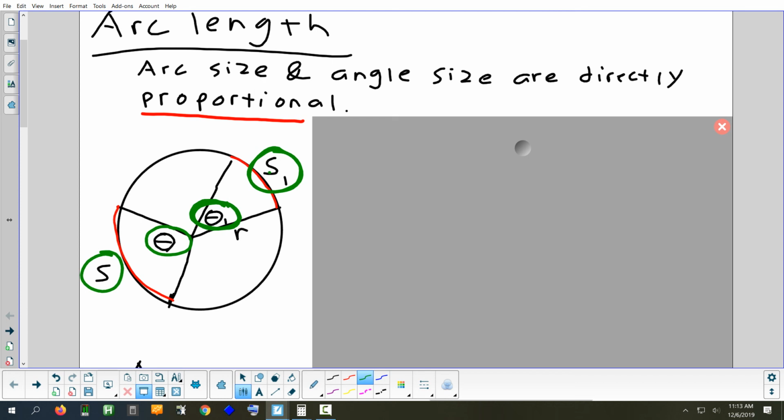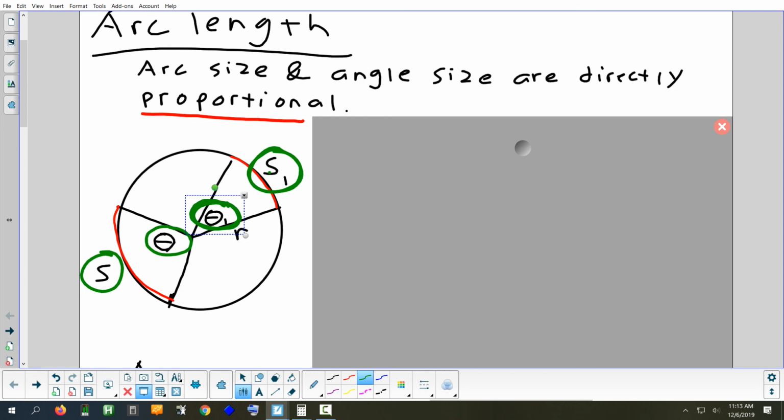Does anyone remember what we said? If this arc is exactly the same as something else in this picture, then you automatically know the size of this angle. Just like if I said to you 1 foot, you automatically know it's 12 inches. It's the same idea. So what would this arc have to be the same length as? The arc has to be the same length as the radius.